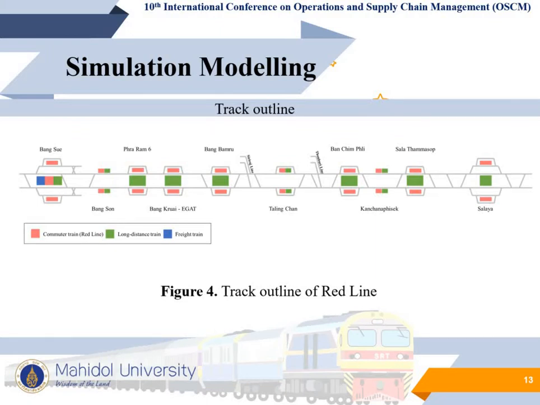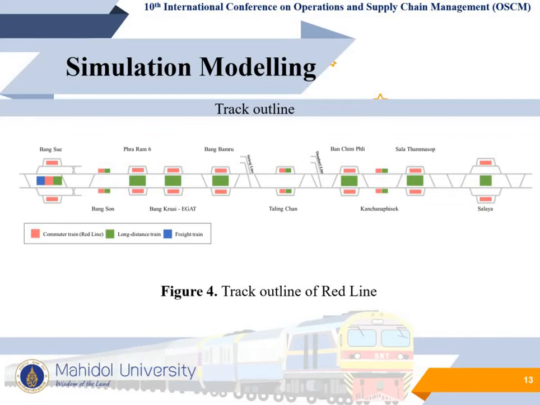The pink color is the station platform stop of commuter trains. There are 4 long-distance trains that use different station stops. The green color is the station platform stop. The freight train has 1 service, and the blue color is its station platform stop.